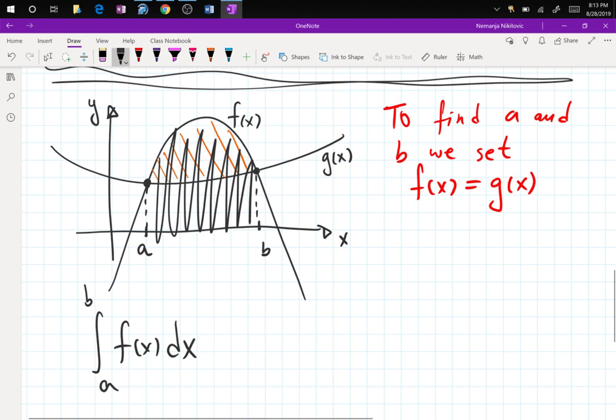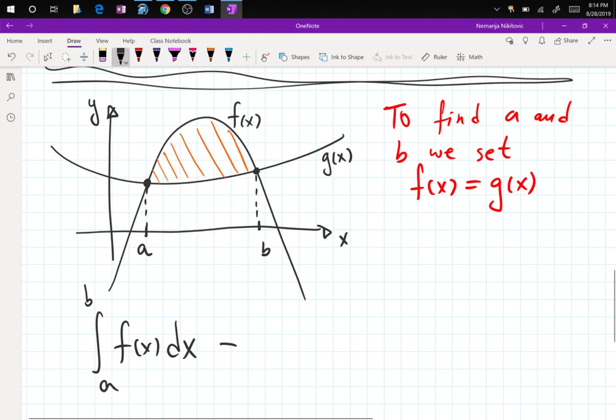I have the piece that I want, which is the top piece, and the piece that I don't want, which is the piece on the bottom. Same like banana. You have a banana and a peel. The piece you want and the piece you don't want. And then I'm going to subtract the peel, integral from a to b of g of x dx. Now that one will only calculate the part that I don't want.